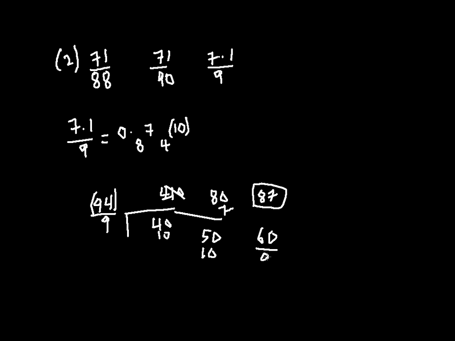60 by 9. So 9 6s are 54. 6 is again the remainder. 66 plus 6, 72 is our next dividend to be divided by 9. So 8, 0, and we can continue the process.